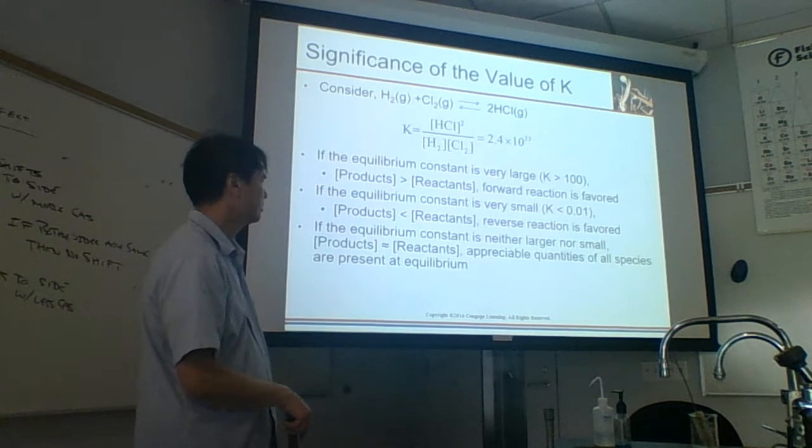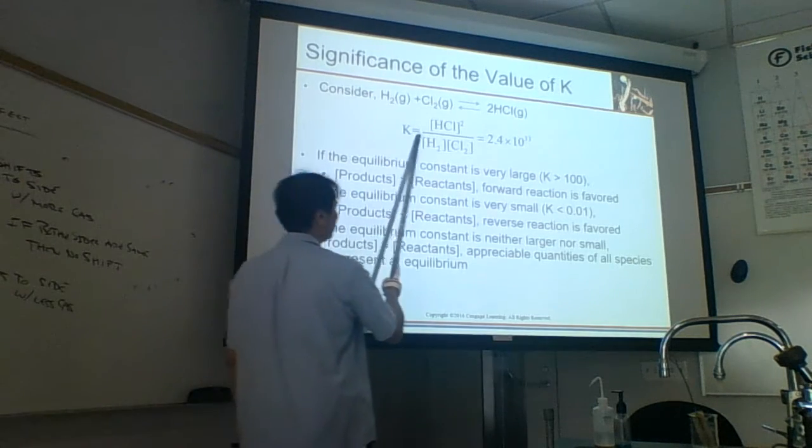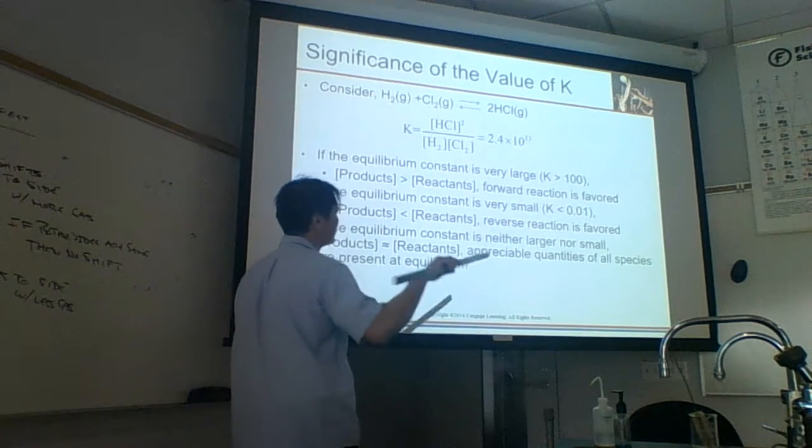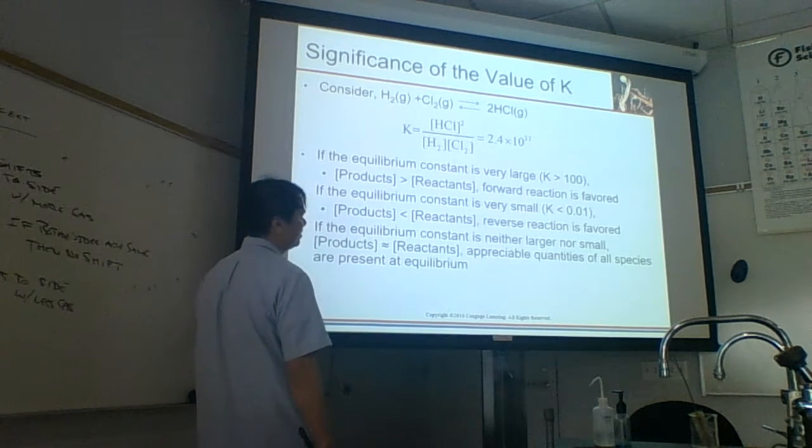It's a hard cutoff here. You know, the closer we get to 1, K is equal to 1, the more balanced it is between reactant and product. And so they're giving you a cutoff here.